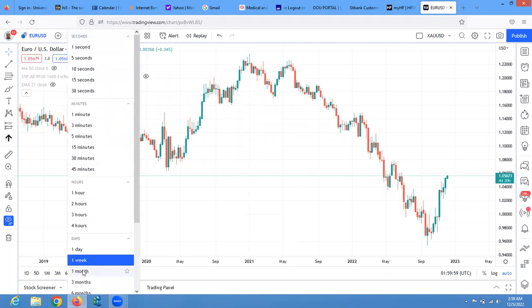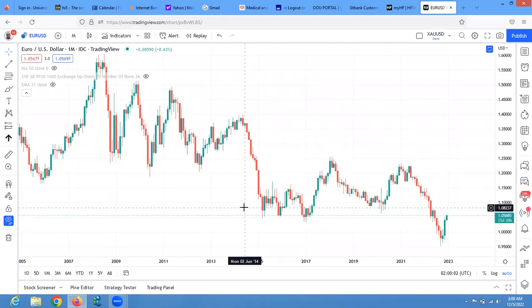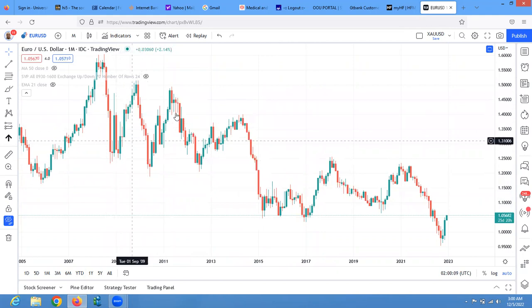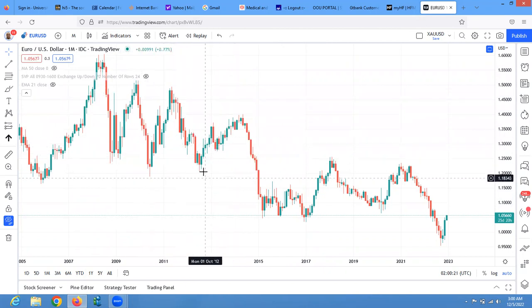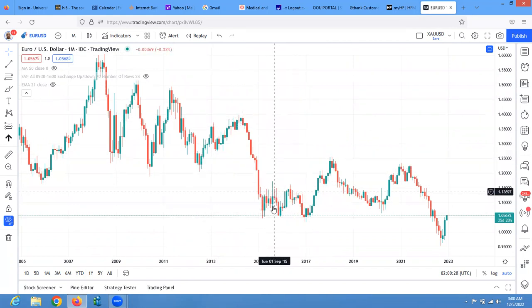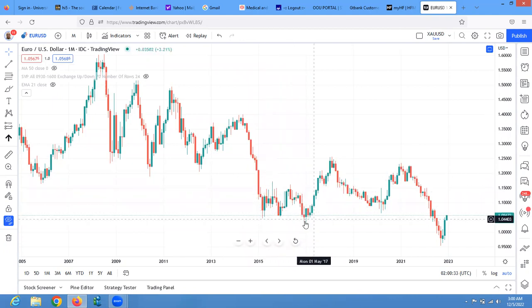Let me go back to the monthly, which we are aware that we have been on this monthly trend for. This is like a cycle, which I had explained with 1 and 2 of this big cycle. We now have the first of the 3 of that cycle and the second of the 3, and before we finished the third of the 3, the fourth and the 5th, to end the bigger cycle.